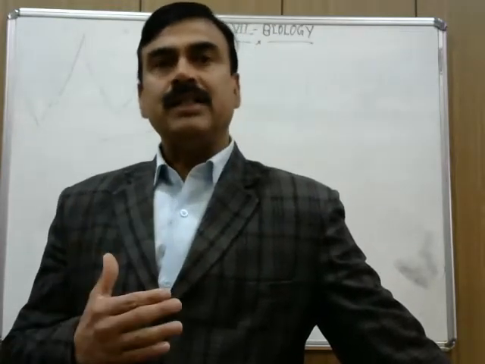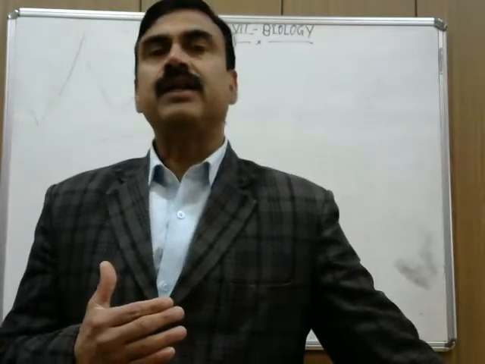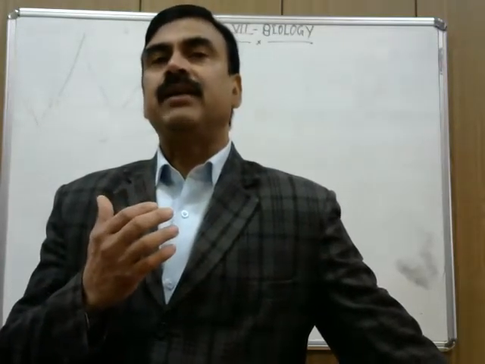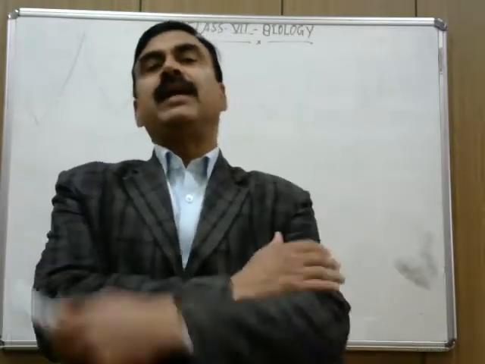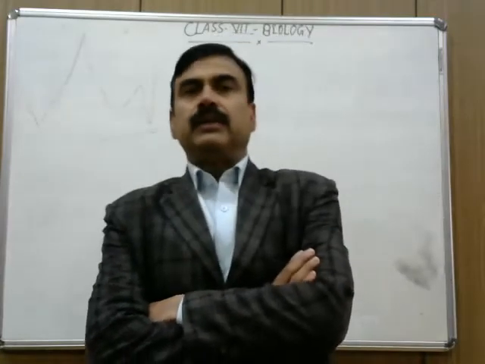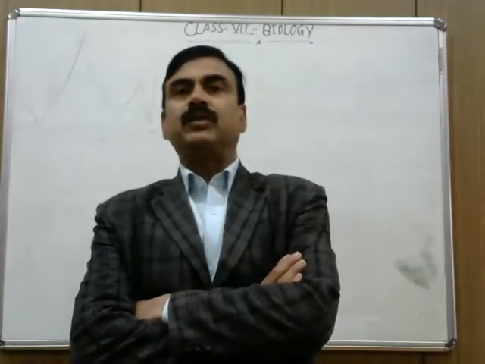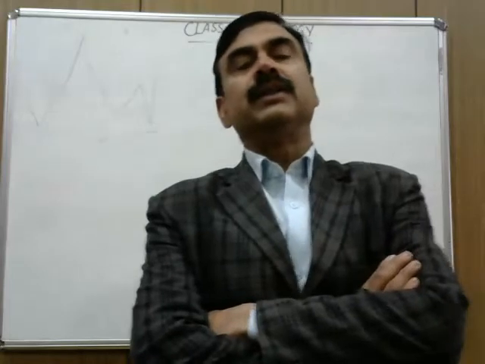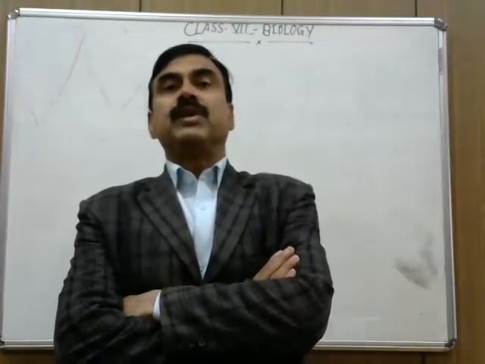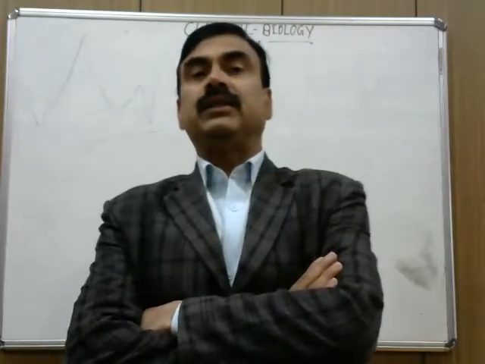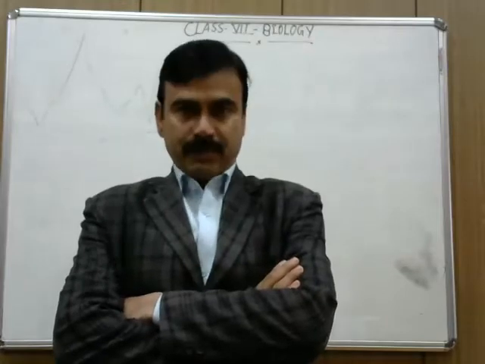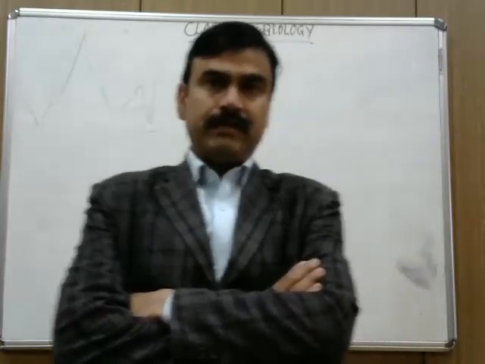In the human digestive system, we already completed the human alimentary canal. You know that digestion starts from the mouth, and in our mouth there are 32 teeth, in 4 categories: incisor, canine, premolar and molar.